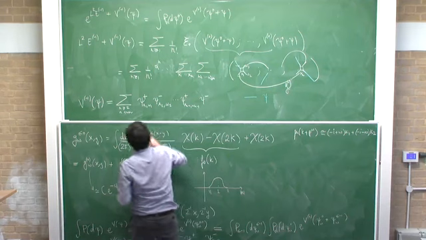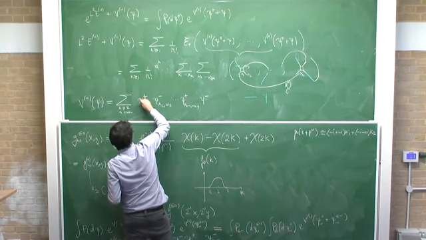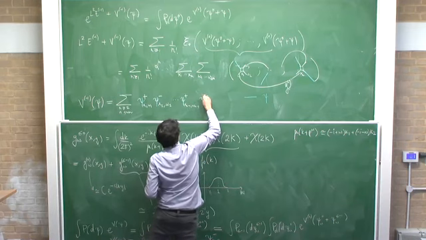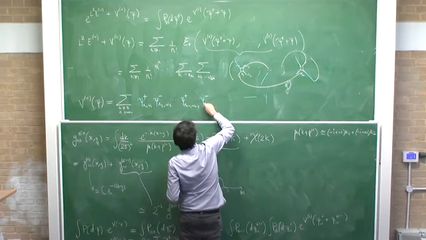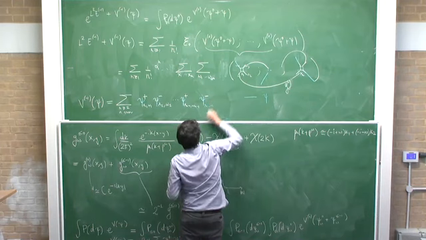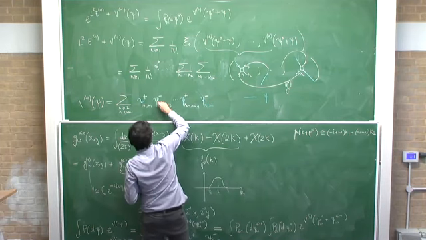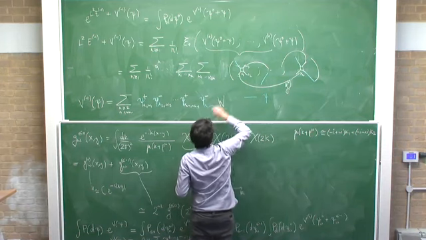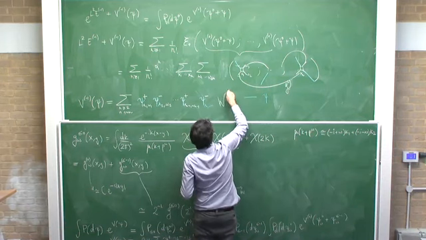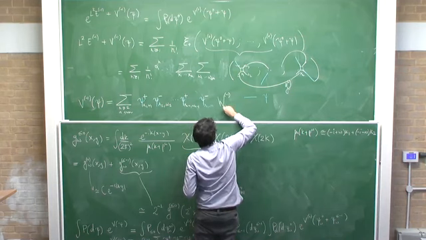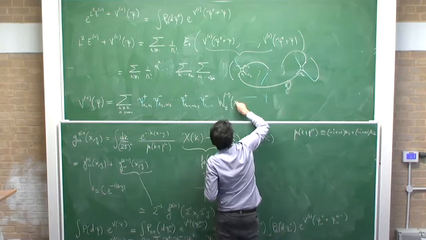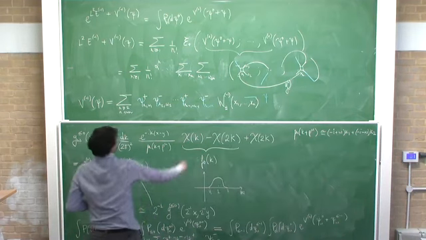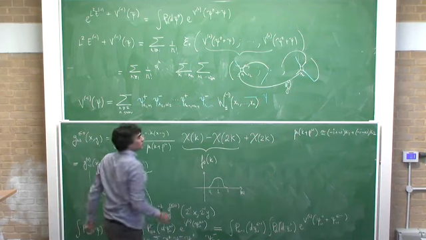Maybe I should have, yeah, okay. Sorry, this should be the blue guys. Okay. Times something which is labeled by all these omegas, by all these x's. This is the kernel with given number of external legs.